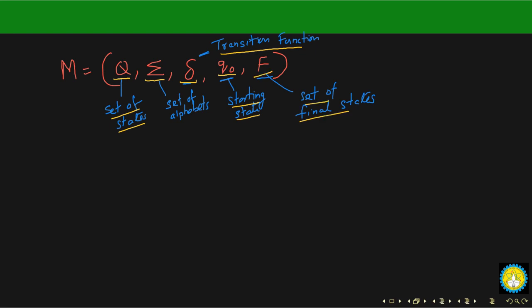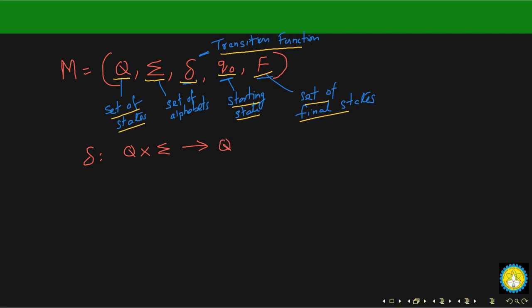Now in the case of a DFA, the transition function delta is defined like this. The transition function is a function from the Cartesian product of Q and sigma to Q itself.